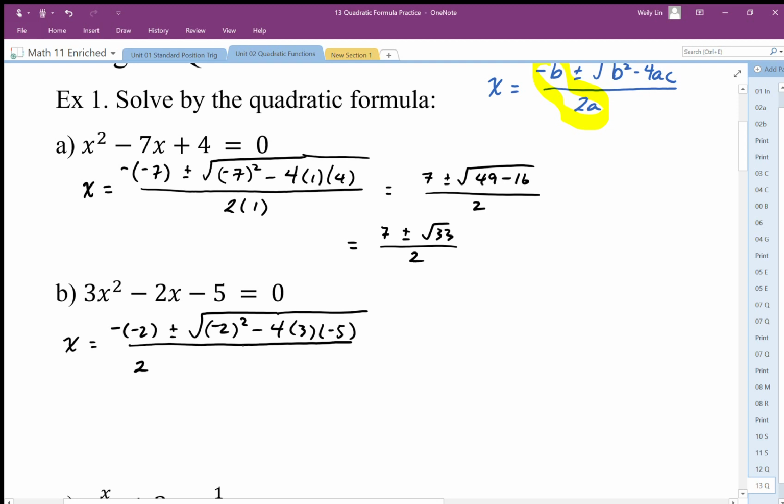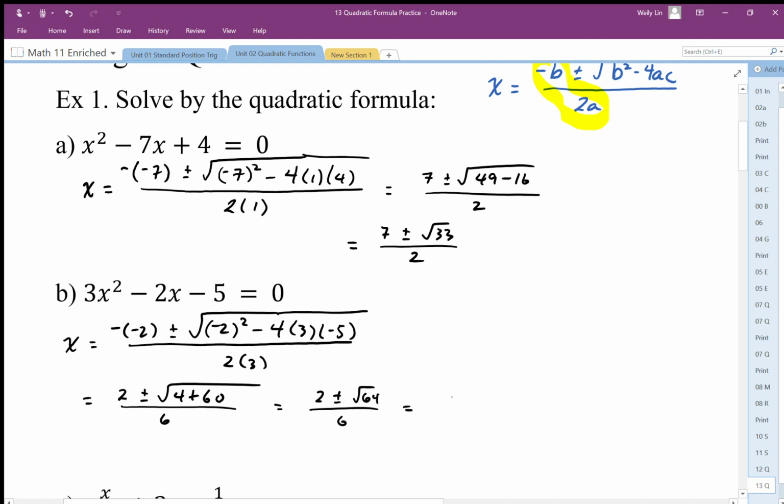Okay, so it becomes, over 2 times a. So simplifying this then becomes 2 plus minus the square root of 4 minus negative, so it's going to be plus 4 times 3 times 5 is 60, all over 6. This simplifies to 2 plus minus square root 64, which is a perfect square.